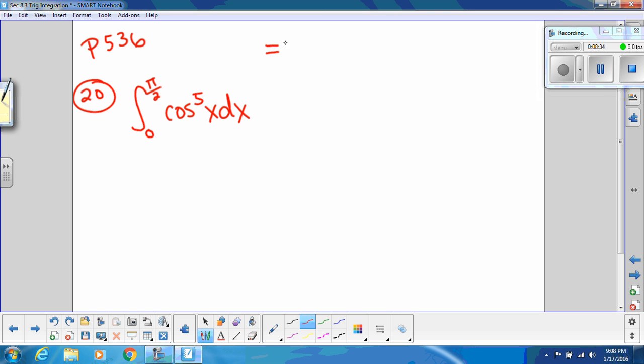So it'll be the same thing as doing 2/3, then 4/5 times 6/7, and so on, all the way up to n minus 1 over n, and n is simply your power.